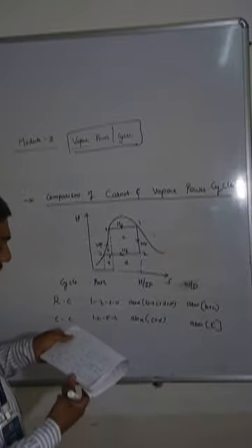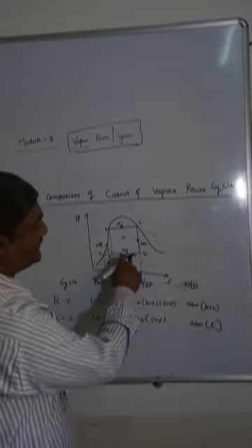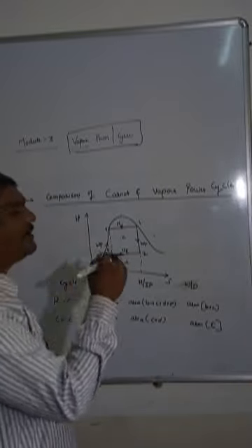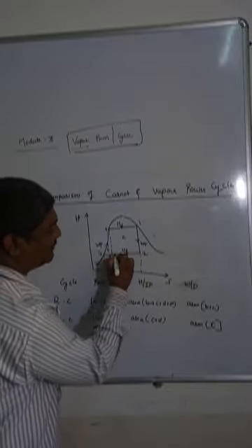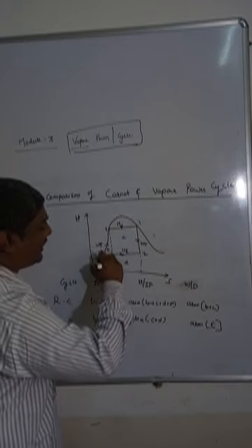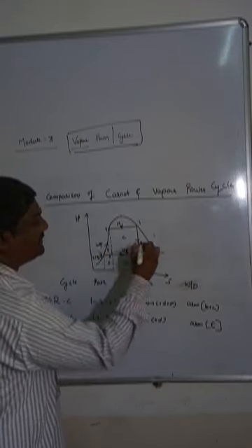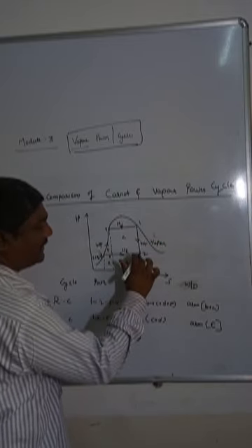In the Rankine cycle, what is the work of the condenser? Condenser is to convert complete steam to liquid. If I touch this curve, this is the liquid curve and this is the vapor curve. So here it is vapor, it is condensing.